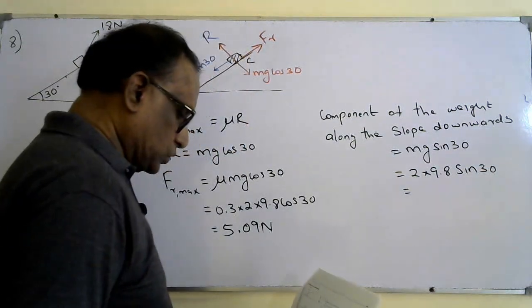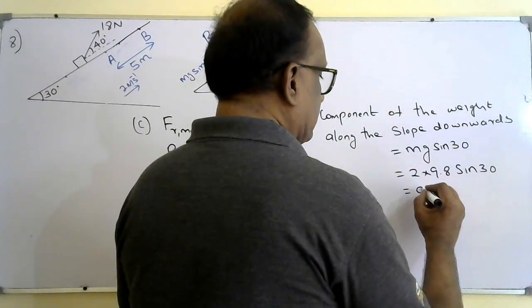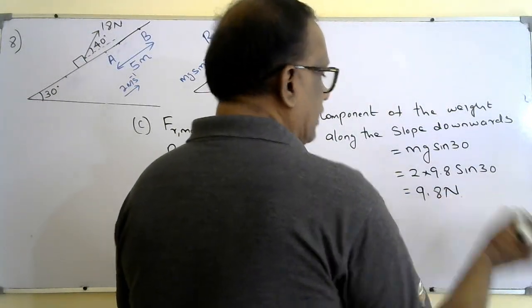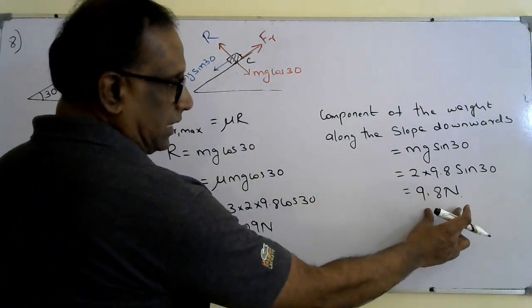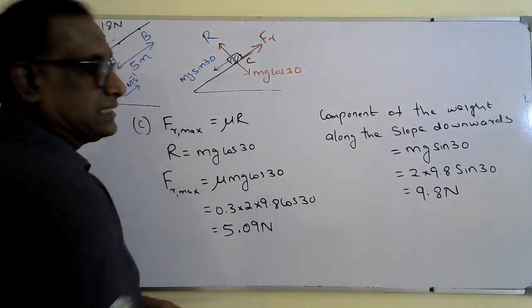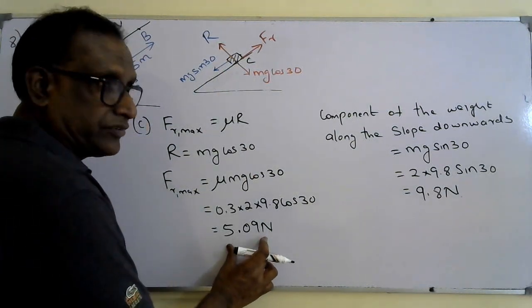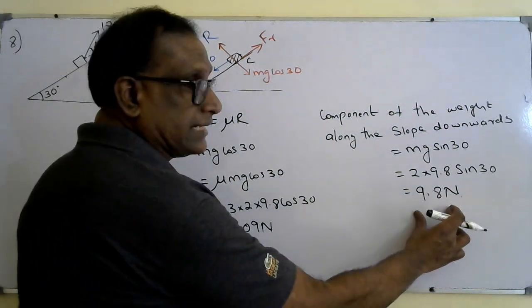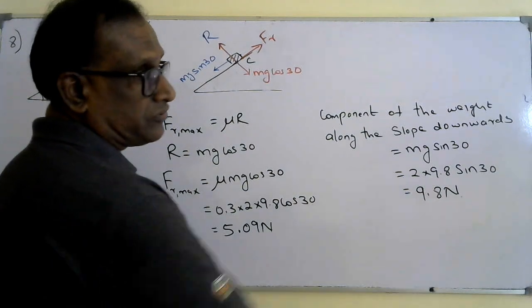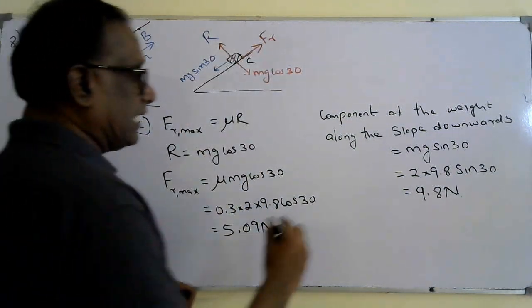So that will be equal to 9.8 Newton. Yes. Now you can see the component of the weight along the slope down is this much. The maximum friction that could act on the box is 5.09. The maximum friction is smaller than this, so the friction can't balance this component of the weight. So it will not be at rest, it will accelerate downwards.